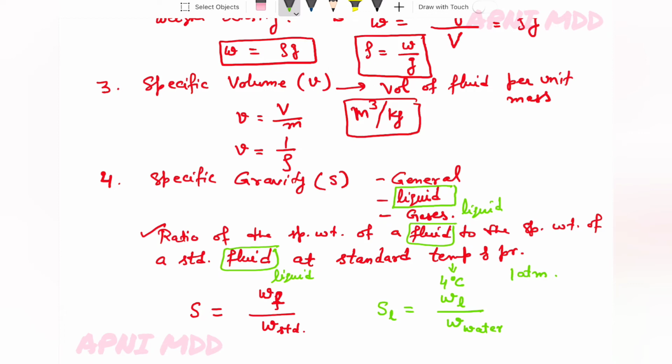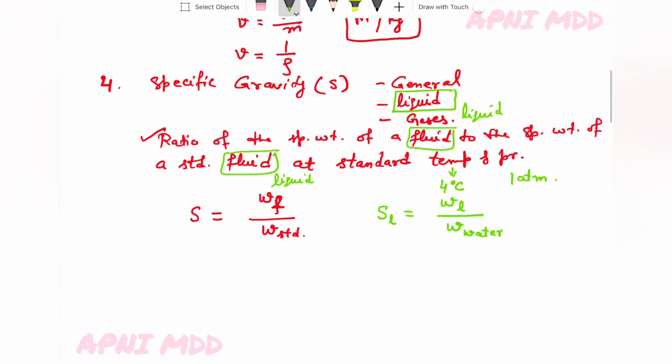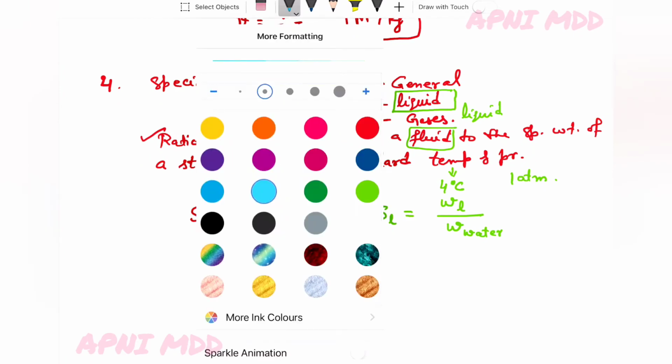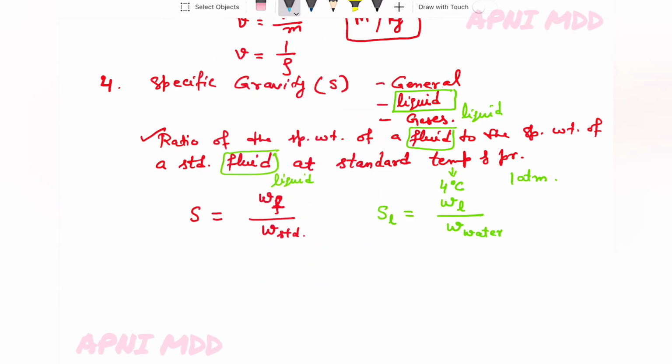Okay. Now in case of gases, the definition becomes the ratio of the specific weight of a gas to the specific weight of a standard gas at standard temperature, that is 15 degrees centigrade, and pressure, that is 1 atmosphere.